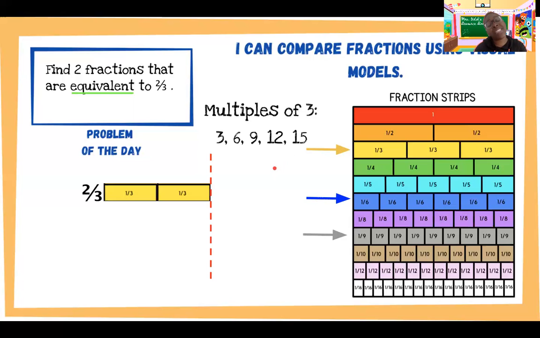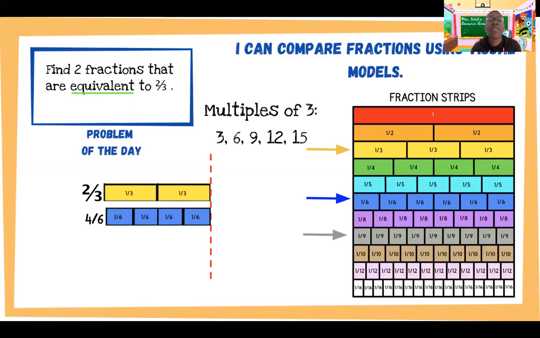That means we're going to need to drag them over and count them out and see how many it takes to reach the line. Let's do that together. 1 6, 2 6, 3 6, 4 6. We're there. It takes 4 6 pieces in order to equal 2/3. So 4/6 is equivalent to 2/3.